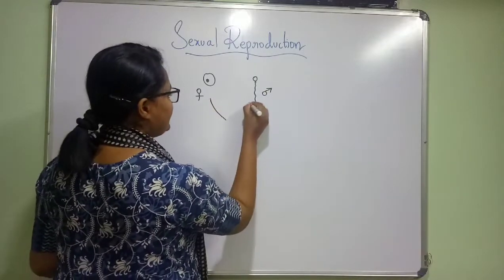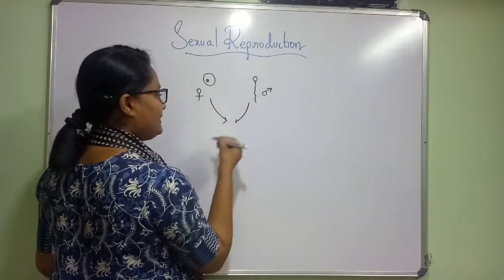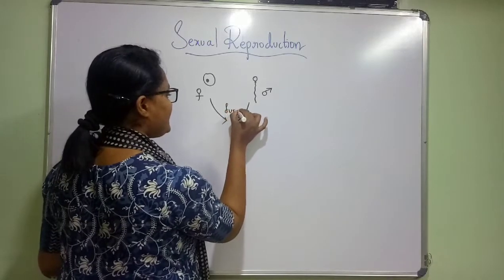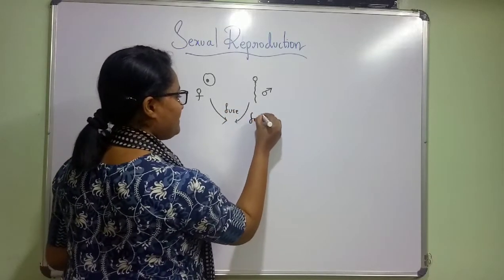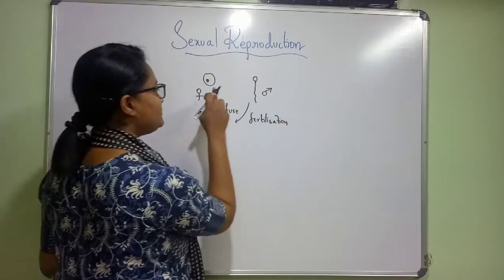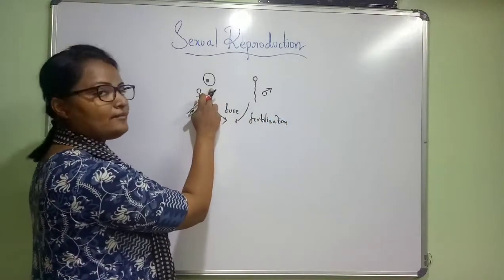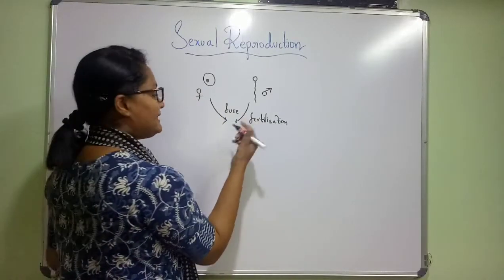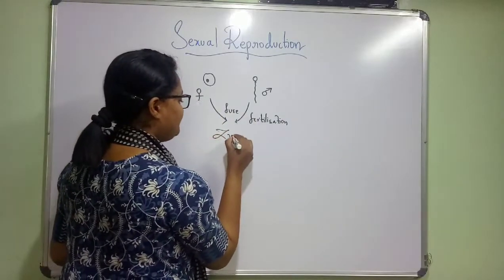After that, the female and male gametes fuse together. This step we call fertilization.